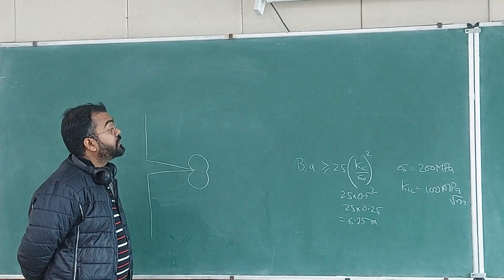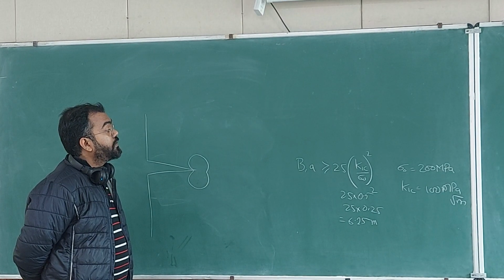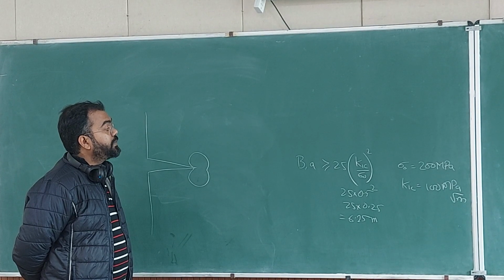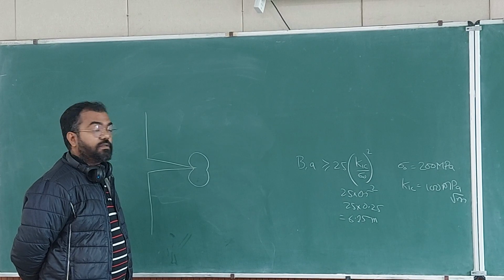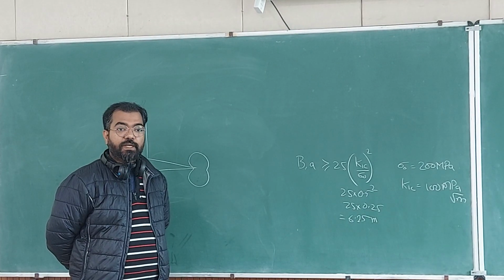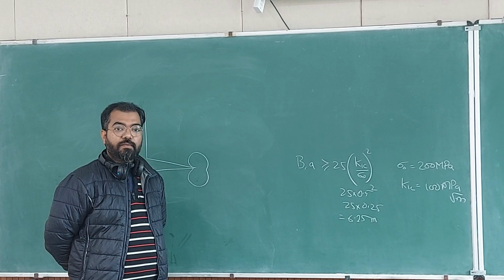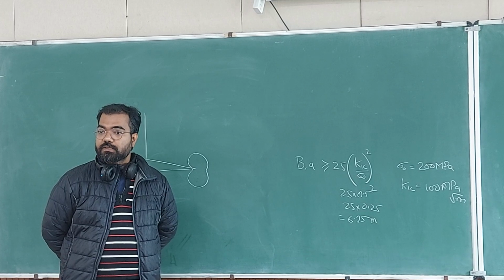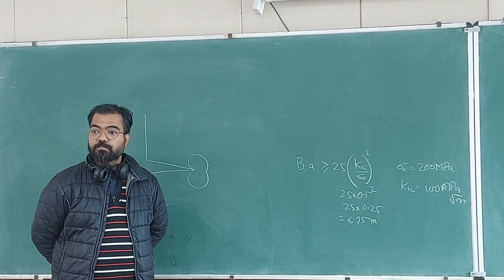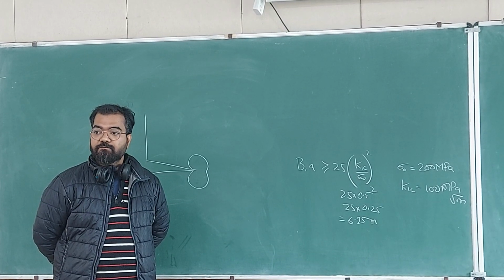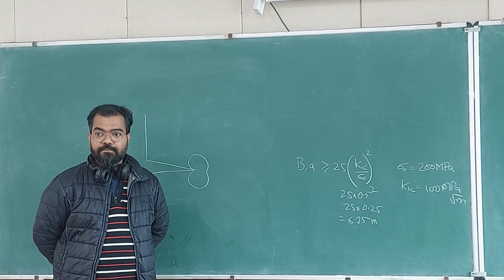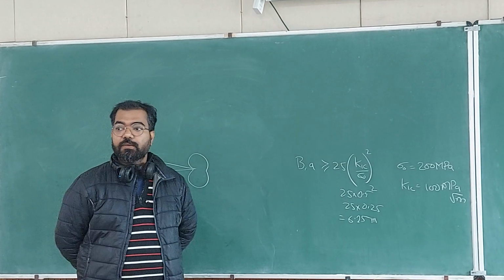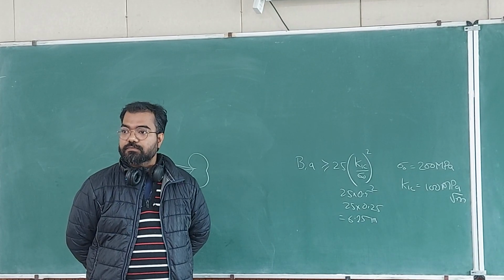The units are megapascal root meter, so root meter squared is meter. 6.25 meter is how big? 1 meter is how much in feet? 3 feet. So 6 meter will be 18 feet.